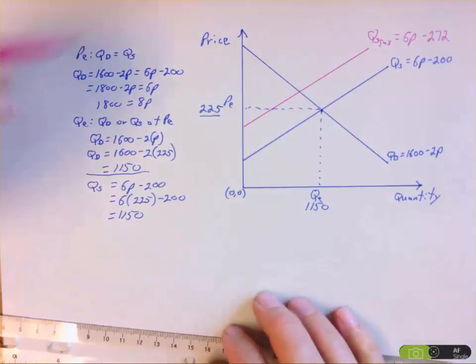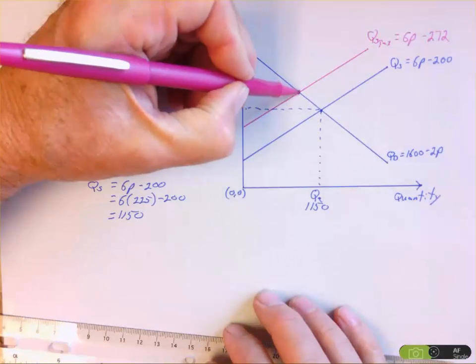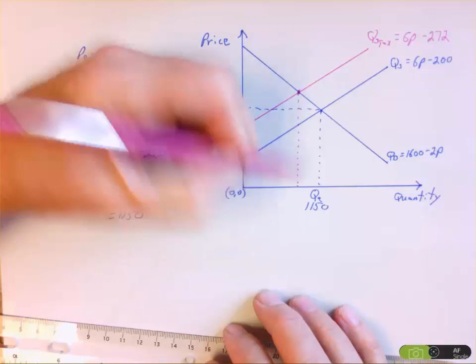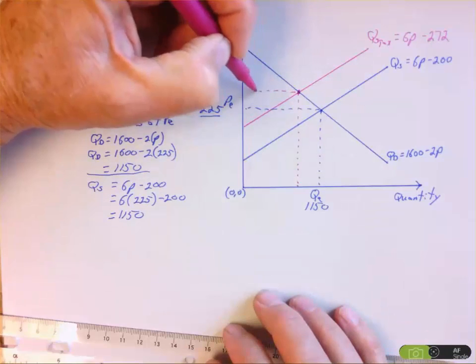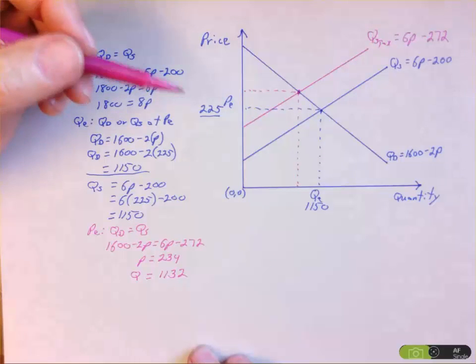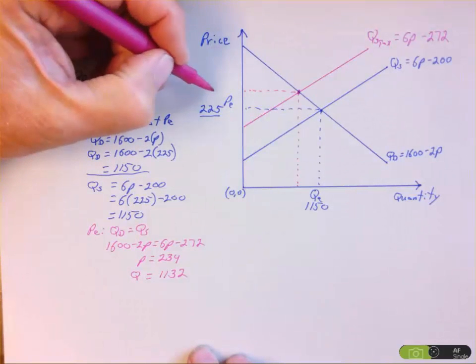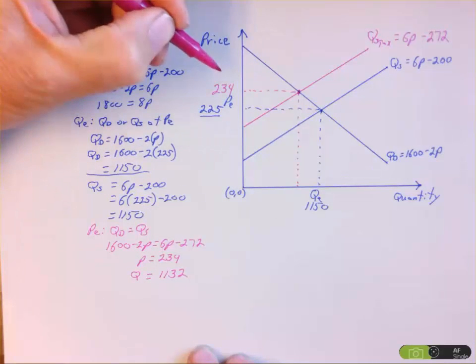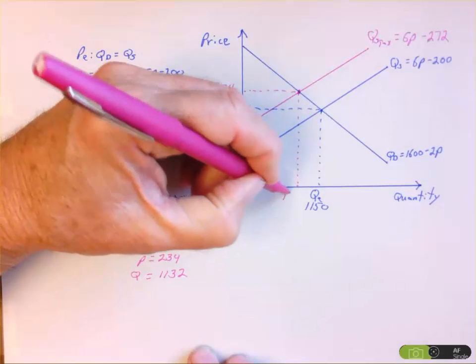Now we just work it out the same as we did before. I'm going to cut off this video right here to save time, and you can work it out. Okay, I got that the equilibrium price is now moved to 234, and the equilibrium quantity has fallen to 1132.